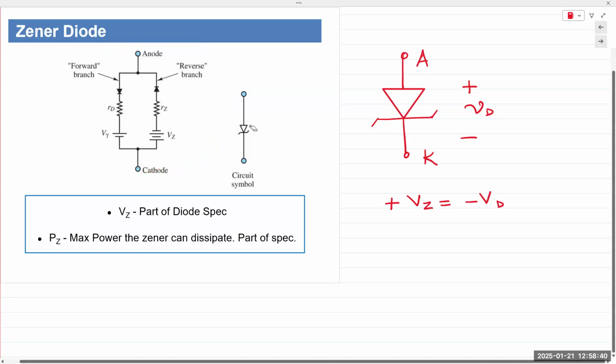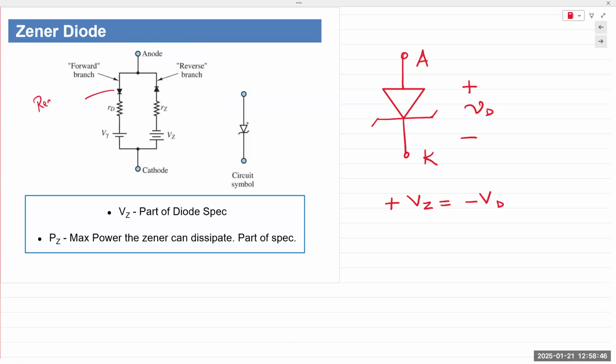In the forward bias, we can treat it as a regular or normal diode. But its application is based on using it in the reverse bias.